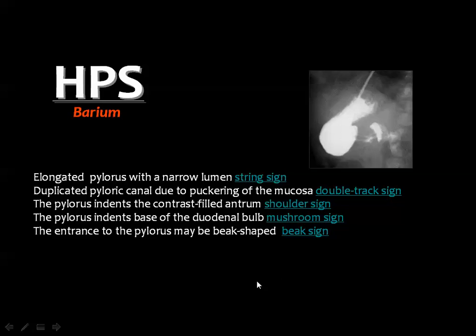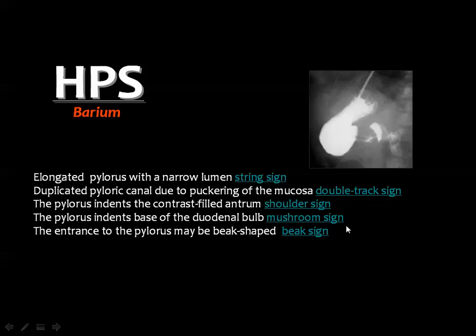There are a lot of signs for describing hypertrophic pyloric stenosis. These are the string sign, which means that the pyloric canal is markedly narrowed like a string, or the double track sign, where you see two tracks of barium through the pyloric canal, or the shoulder sign, which means that there is shouldering at the base of the duodenal cap corresponding to the hypertrophic pyloric muscles.